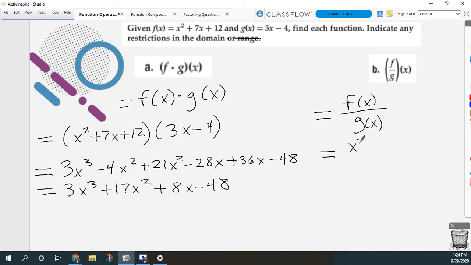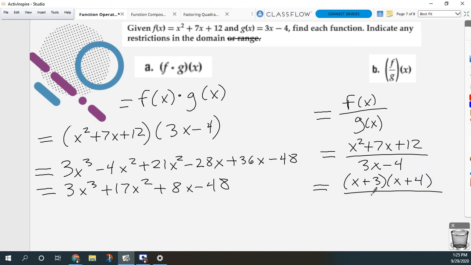I'm going to plug in my f of x, plug in my g of x. And we do want to try and simplify as much as possible. So notice that our numerator is going to factor to x plus 3 times x plus 4, because we need to make sure that we don't have any factors that reduce. And in this case, we don't. So that would be our answer, except for we do have to worry about that domain restriction.